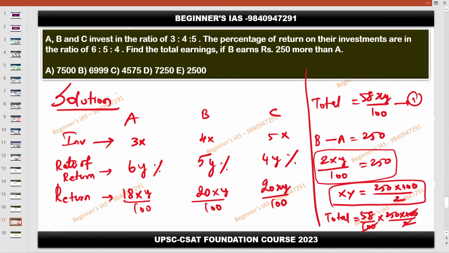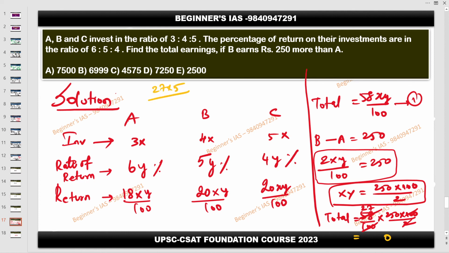Then here 27 into 250, so 10 will be there. What is the answer? 7250. Clear?